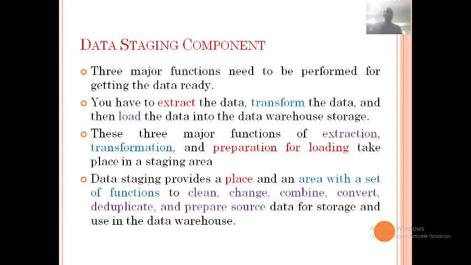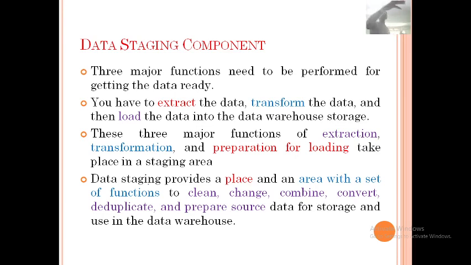So which are those three functions? The three functions are extraction from the source, then transformation. Transformation means that the data you extracted from different data sources should be of the same format.